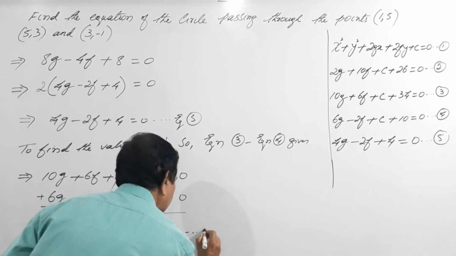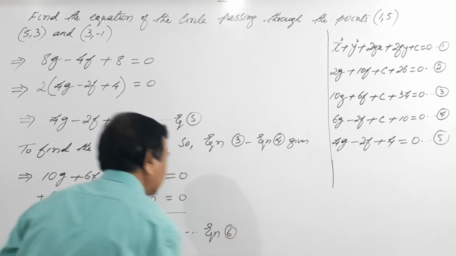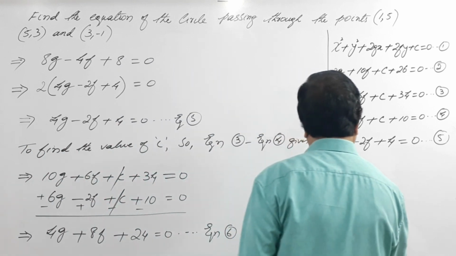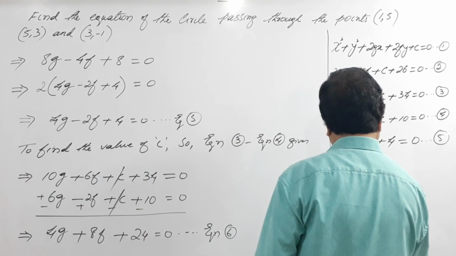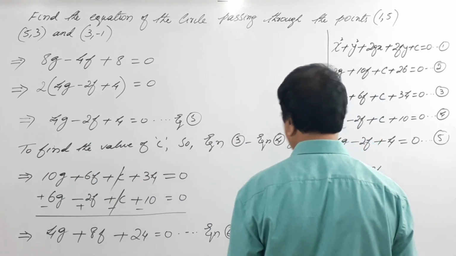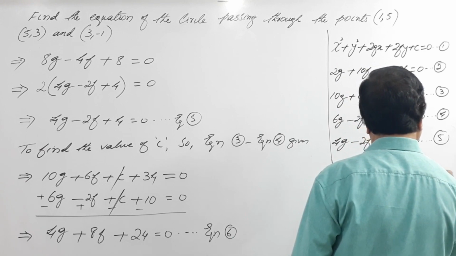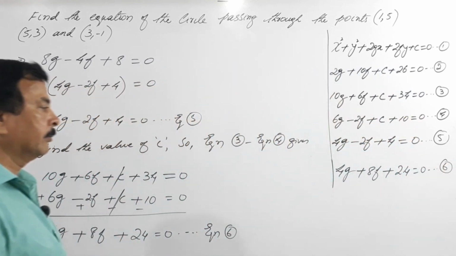I call this equation 6. So what is equation 6? 4g plus 8f plus 24 equals 0. This is our equation 6.